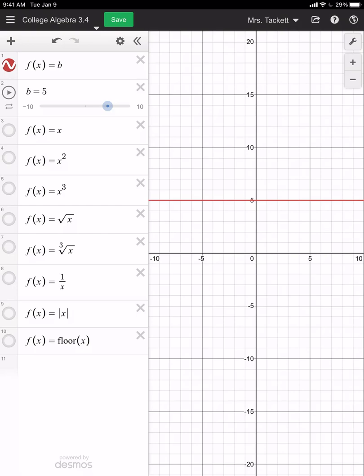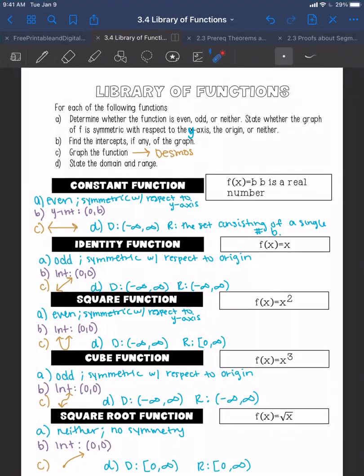It does have a y-intercept at whatever the b value is, and its domain is any real number, and its range is the set of whatever value of b is. So that's shown here. Your y-intercept is 0, comma b, and then your range is the set consisting of a single number b.